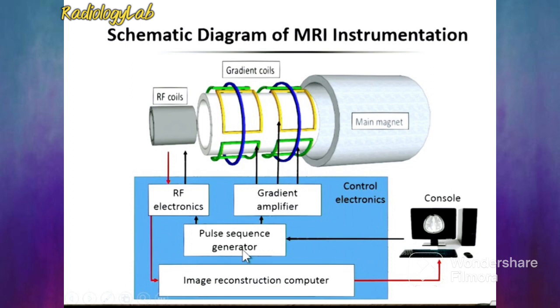Then the RF electronics transmit current to the RF coils, and we detect the signal, which is modulated by the gradient field, and that provides spatial information. The spatially modulated RF signal is detected through the RF coil, goes through the image reconstruction computer, and then we can see the image on the console computer. So this is the overall schematic diagram of MRI instrumentation.